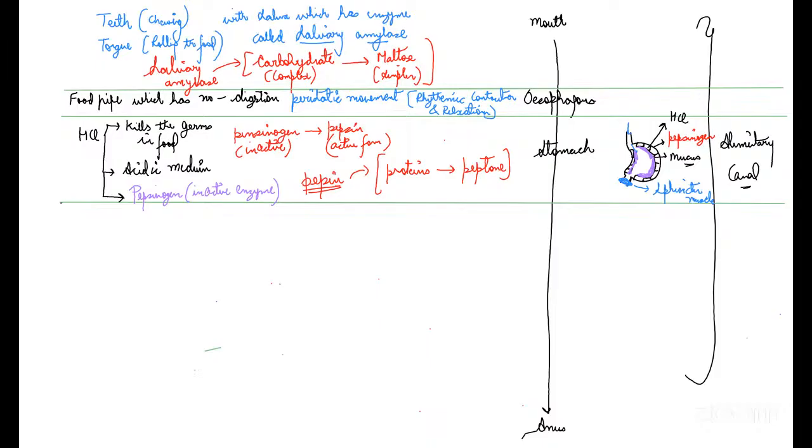Peptone is still not simple. For example, complex carbohydrate is converted into maltose sugar, which is a simple form, and the simple form is absorbable. But the protein converted by pepsin into peptones is not a simple form. It is still to be simplified more. So it is half simple, we can say.